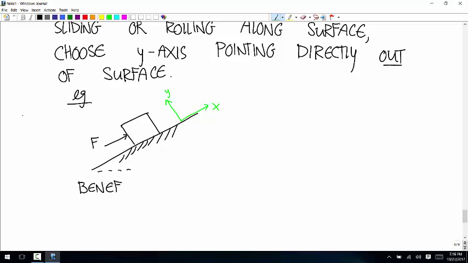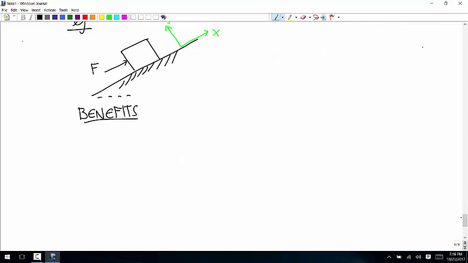There's no reason you have to do that, but here are the benefits of doing it. First, the acceleration vector only has an x component all the time.